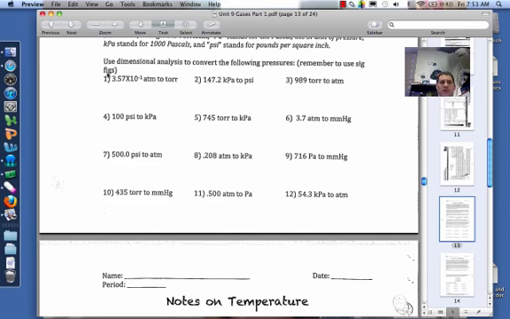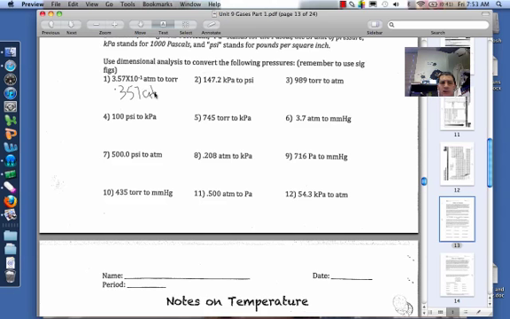So let's take this, and we know that that number is the same as writing 0.357, because you just moved the decimal place over to the left one place, because that's what the negative stands for. Well, let's put our unit.